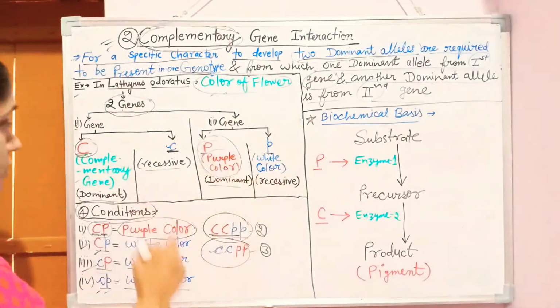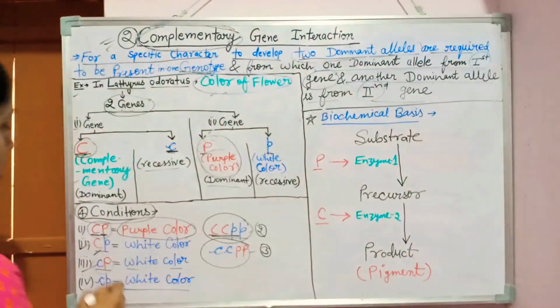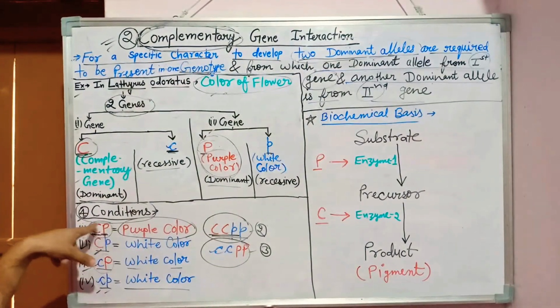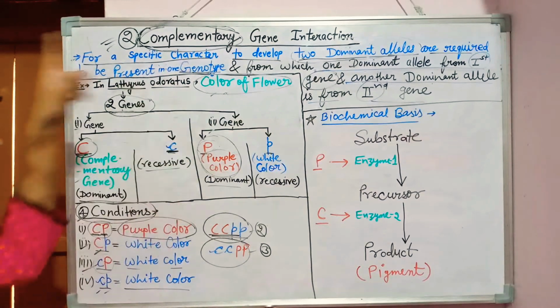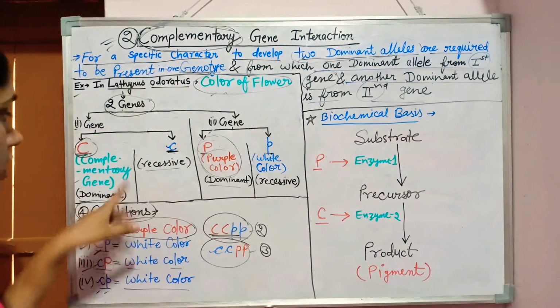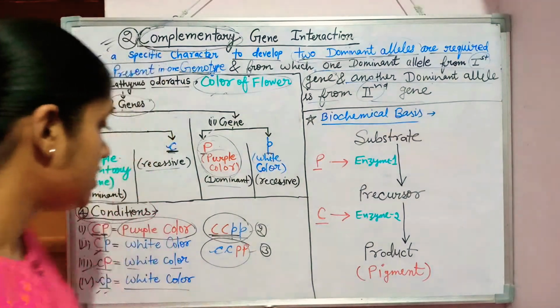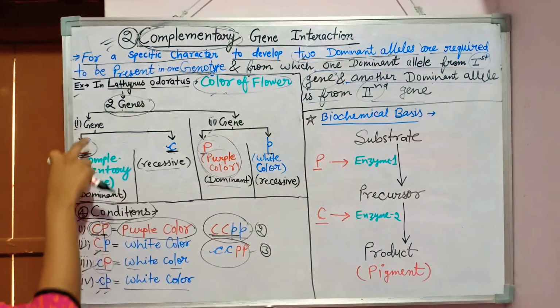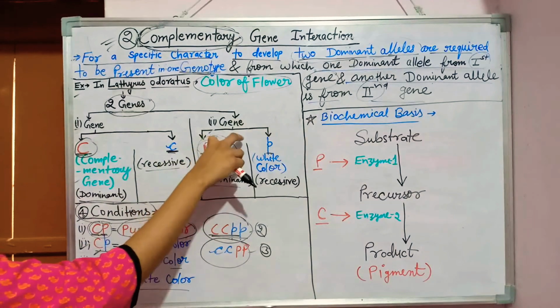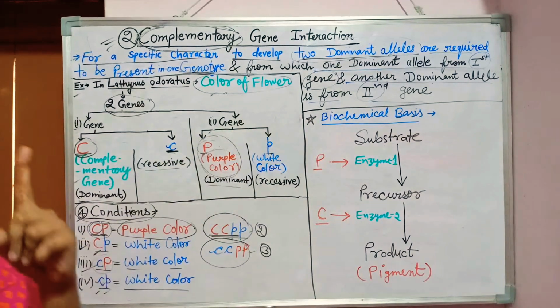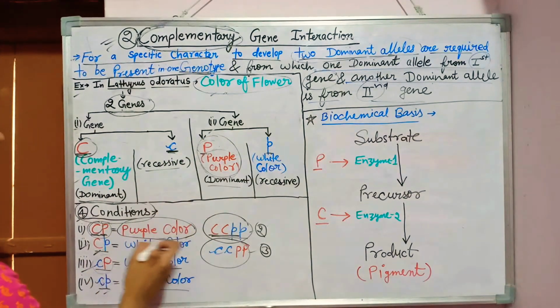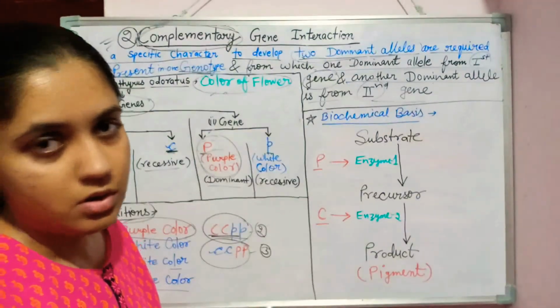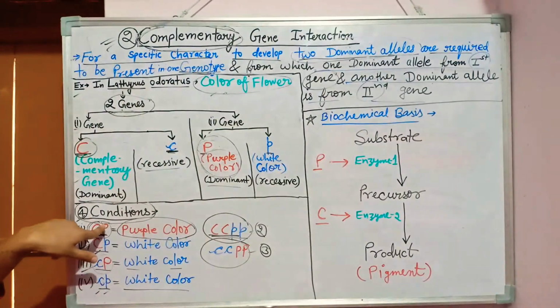We can easily understand this with four conditions. First, when both dominant alleles, capital C from this gene and capital P from the second gene, are present together in one genotype, then purple flowers are produced, because both are complementary.